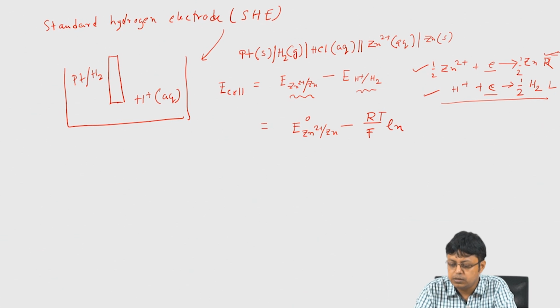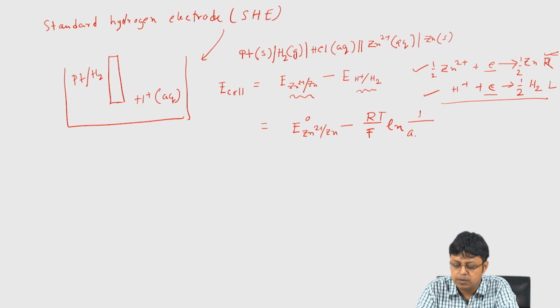We have the activity of zinc, but the zinc activity will be 1 because it is a pure metal, and metals we always consider as a pure state. So, it will be just 1 divided by the activity of zinc 2 plus raised to half, and multiplied by the electron, but that we also take as 1.